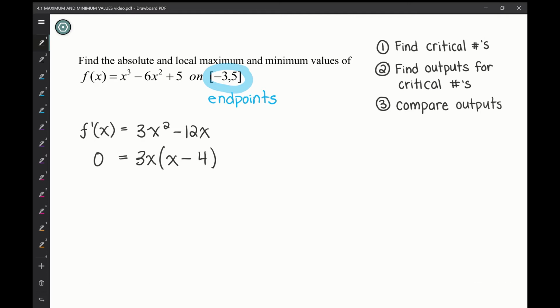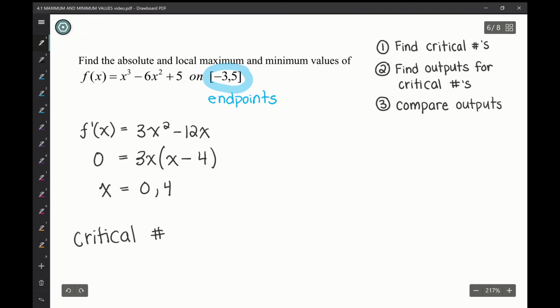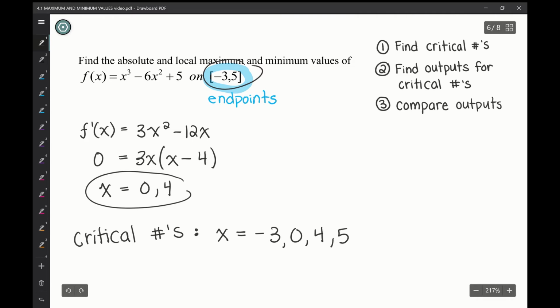Then using the zero product property, I find that x is equal to 0 or 4. And now I have all of my critical numbers. So my critical numbers are where x is equal to negative 3, 0, 4, and 5, combining my endpoints, and that x is equal to 0 and 4 from my derivative.